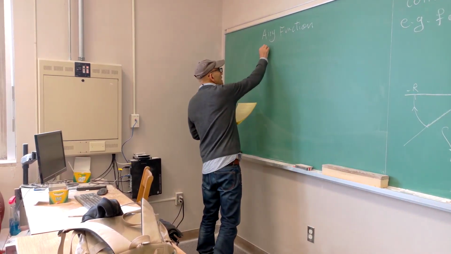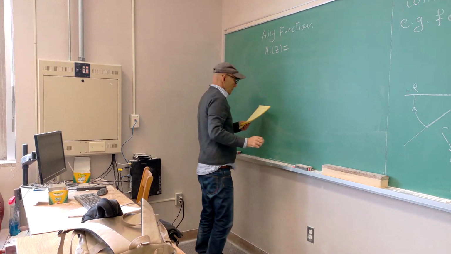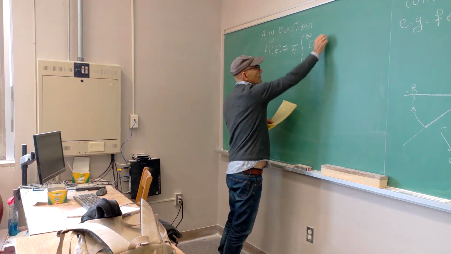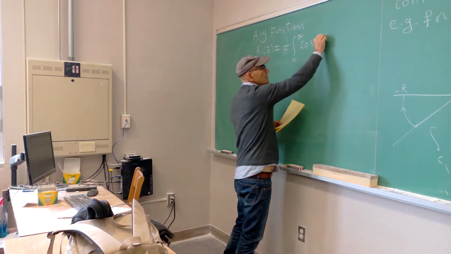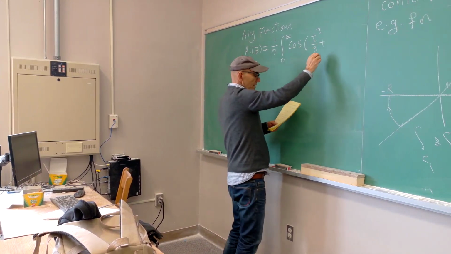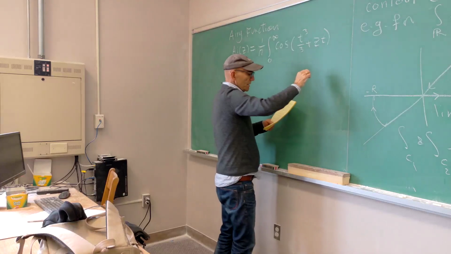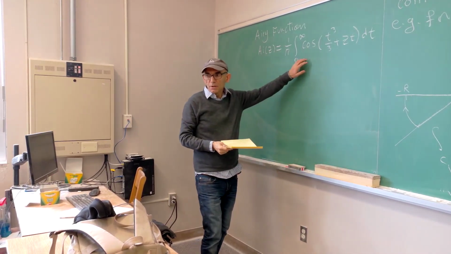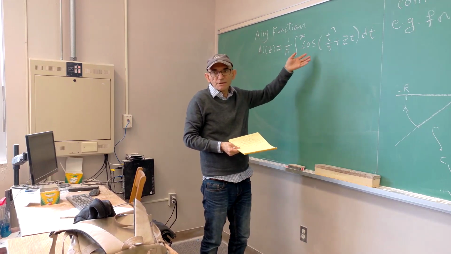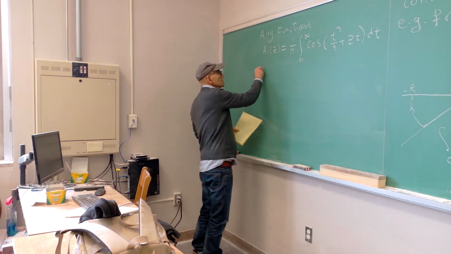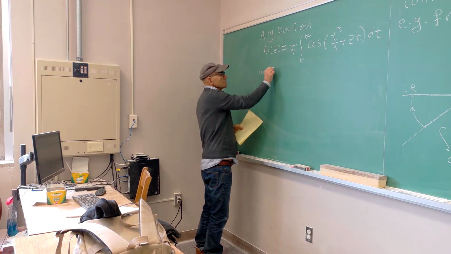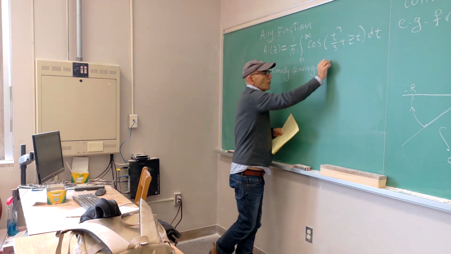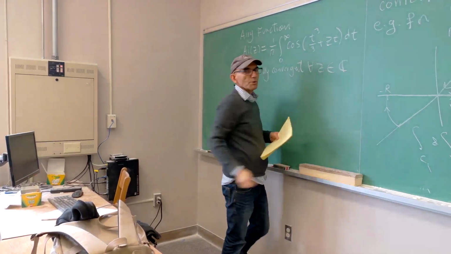This function Ai of z is equal to 1 over pi, integral from 0 to infinity, cosine of t cubed over 3 plus zt, dt. But what we did about cosine of polynomial functions oscillating, this is an oscillatory integral, so this is conditionally convergent for all z belonging to C, complex numbers.